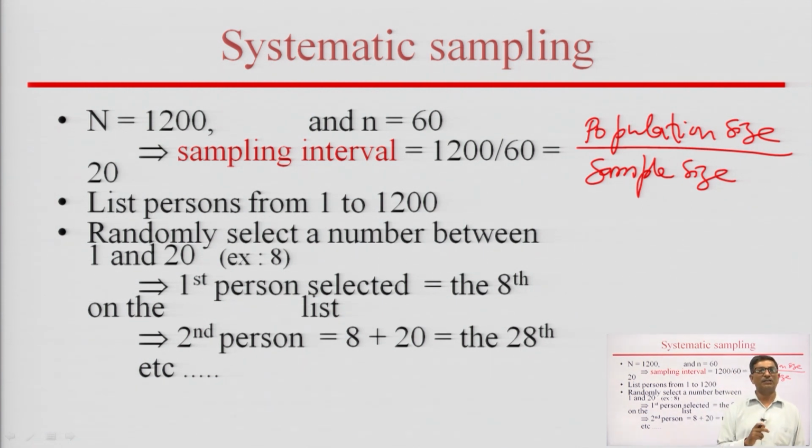Now, we have the list of children or persons from 1 to 1200 and we want to select 60 persons from these 1200. To start, we first select any number of children, any person from the study.